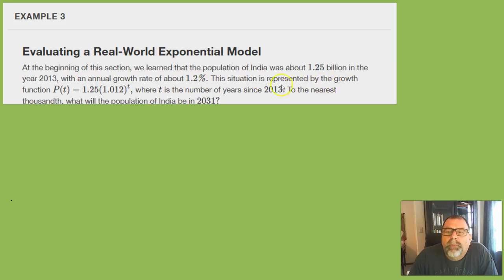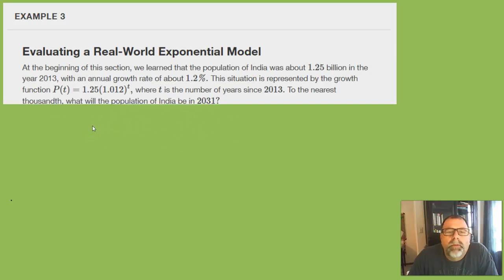This situation is represented by the growth function p of t is equal to 1.25, see that's that initial amount, times 1.012 to the t, which is the growth rate, where t is the number of years since 2013. Okay, to the nearest 1,000, what will the population of India be in 2031?